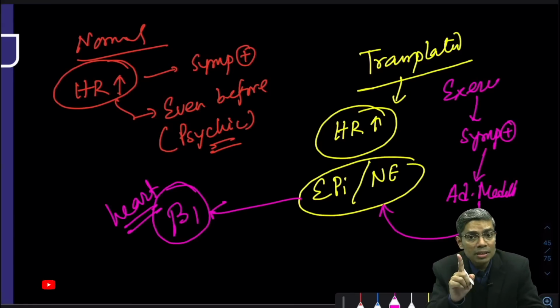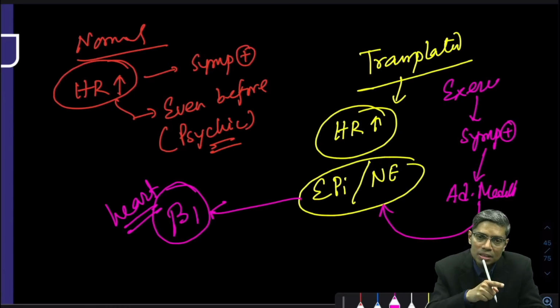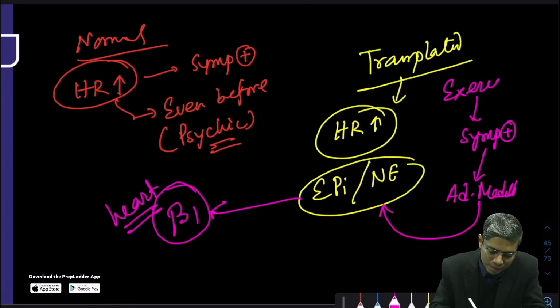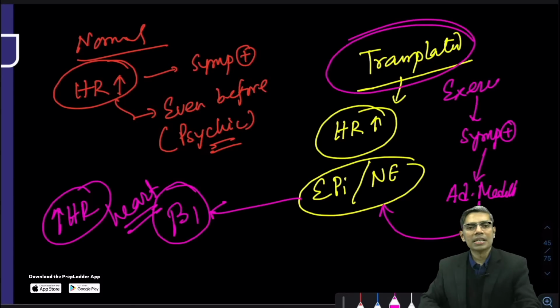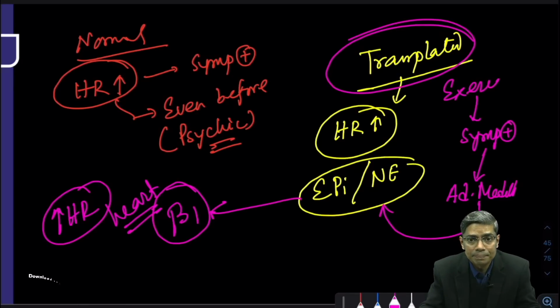Sympathetic parasympathetic is not there, but the membrane is intact, and the beta-1 receptor in the membrane is also intact. So this epinephrine and norepinephrine will act on this beta-1 receptor, and then the heart rate will start increasing. That's why in case of a transplanted subject, heart rate will rise, but not immediately.